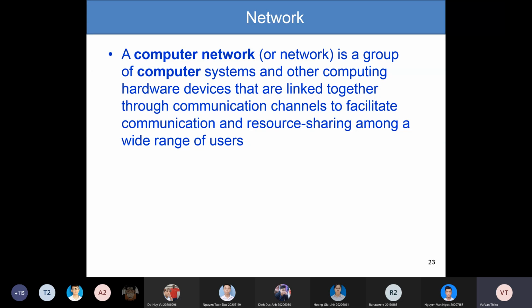The first thing, the computer network consists of computers and other devices that are linked together. The second thing that we should remember is that all devices are linked together using communication channels. If these devices are not connected together, they will not build a network. They build a network only if they are connected together.